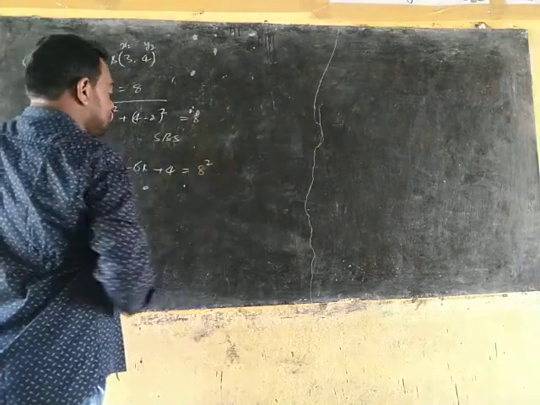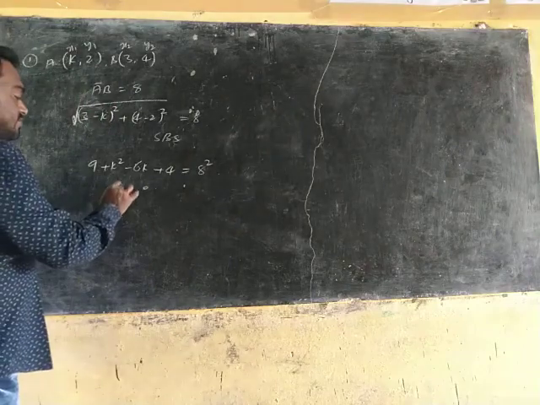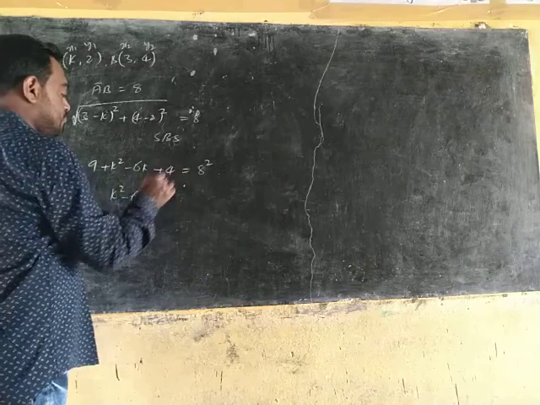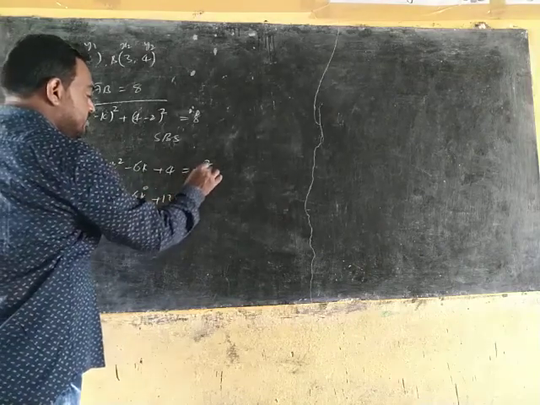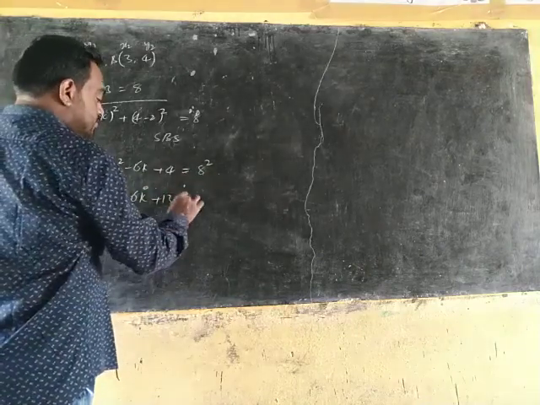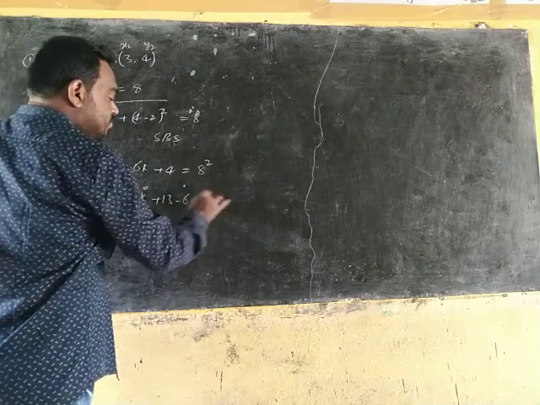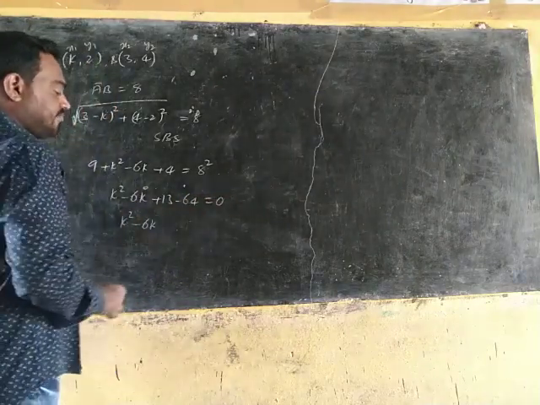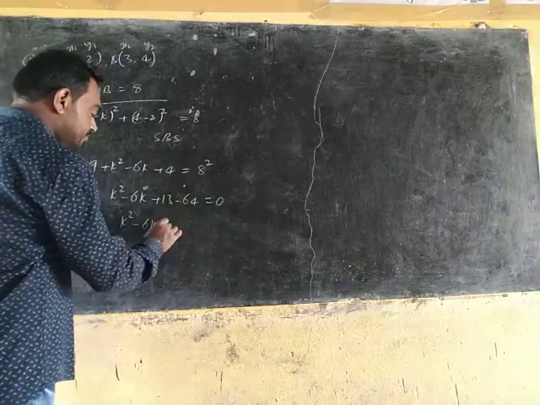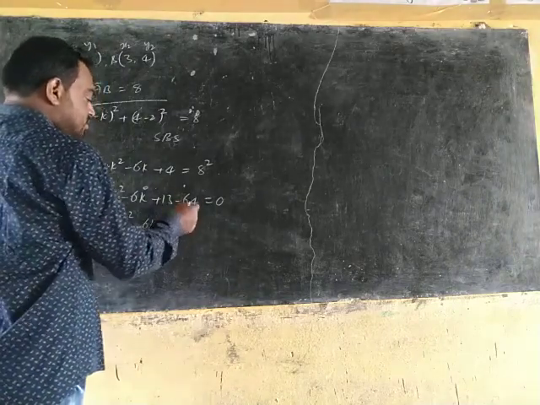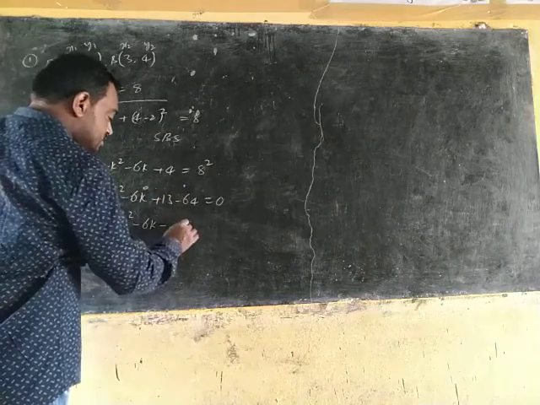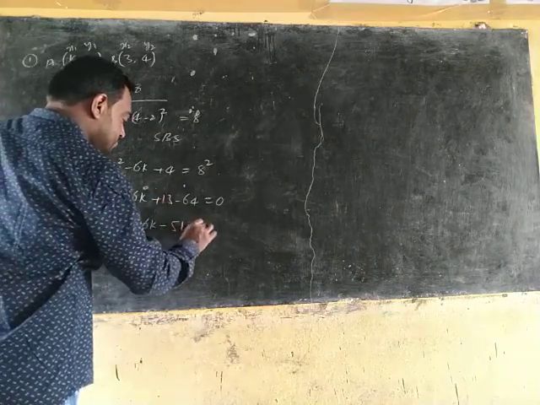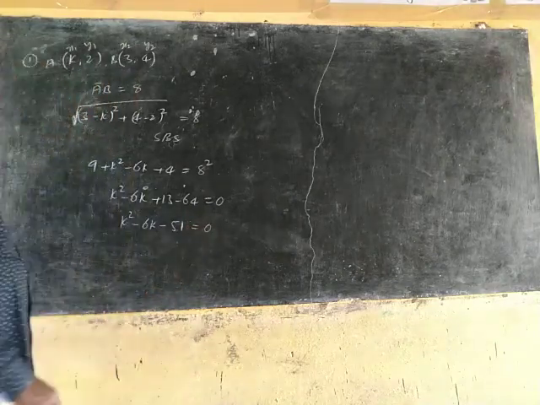So k square minus 6k, 9 plus 4 is 13. 8 square is 64, which is taken to the left side, minus 64 equal to 0. So k square minus 6k, minus 64 plus 13, is minus 51, equal to 0.